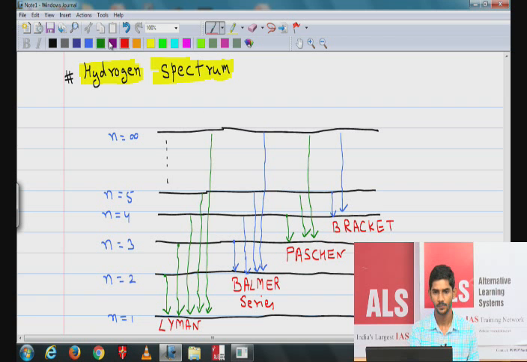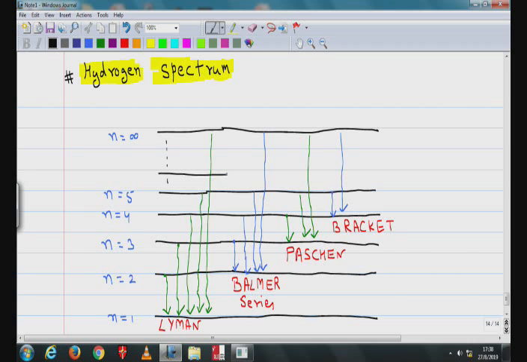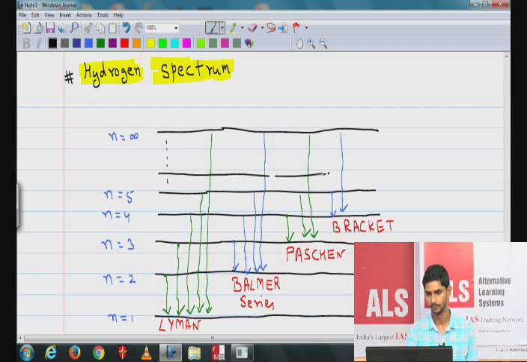Now, again, if the electron starts its transition, okay, hold on, I'll make one more line for you. This is n equal to 6.